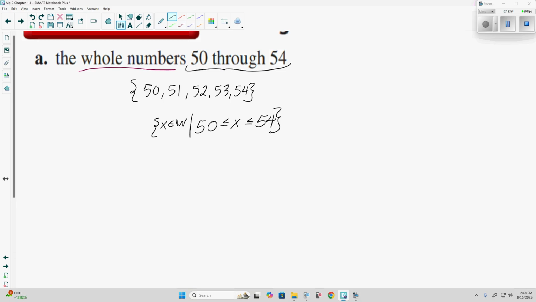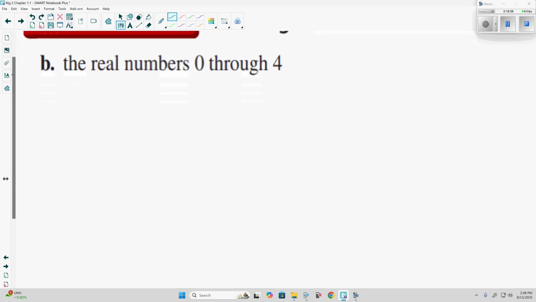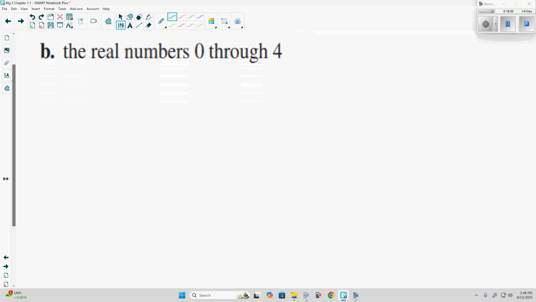Questions on A before we look at B. The real numbers 0 through 4. Well, if we went to list this out, the first number would indeed be 0. Then the next number would be, well, 1 would come eventually, but this is the real numbers. We went over this a little bit yesterday, didn't we? So trying to list the real numbers from 0 to 1 is not doable.